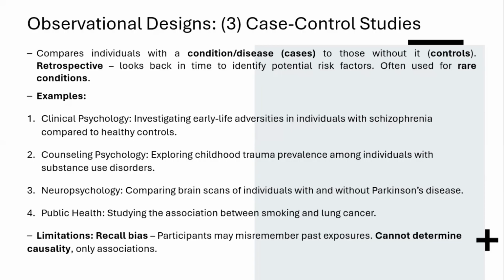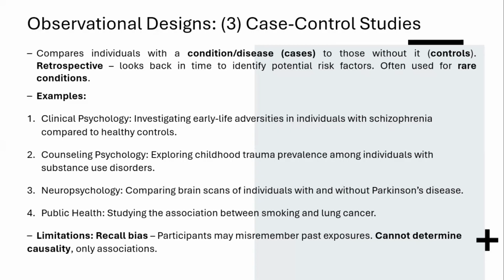What is the level of depression between married women and non-married women? You compare married women to those who are not married. That's an example of a case control. You compare individuals who have a condition to those who don't, and those who don't have the condition become the control.